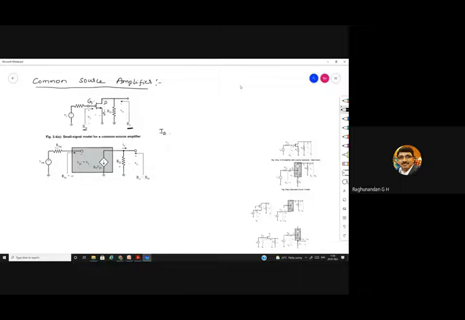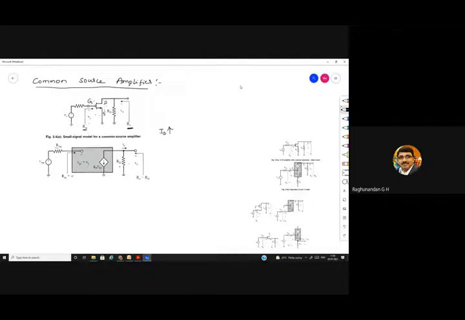So even though the current can pass through, it will be very less, because the gate offers very high resistance. We usually say ideally it is infinite resistance. So even with that infinite resistance, because of a small amount of current getting in as input, when you look into the drain current, it will be maximum.